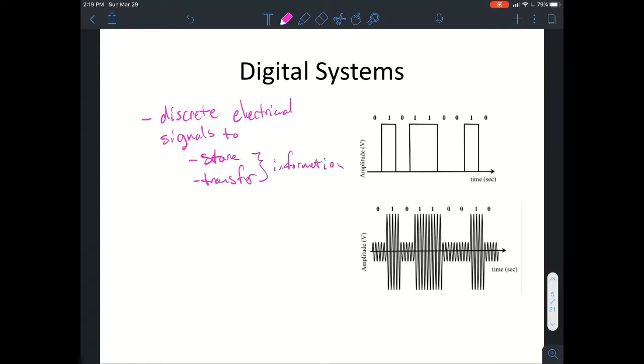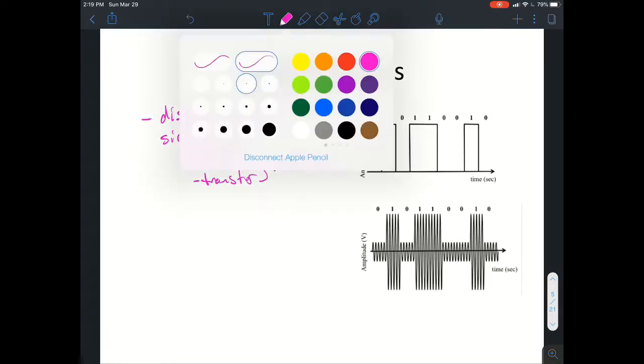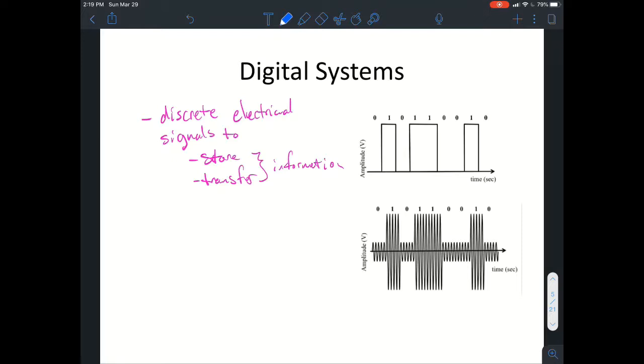And we've talked about this in the past where we said they're going to use discrete voltage levels. You can see here on the right-hand side we have a discrete voltage level there and a discrete voltage level there in pulses. And so we would have a 0 for a low pulse and a 1 for a high pulse.